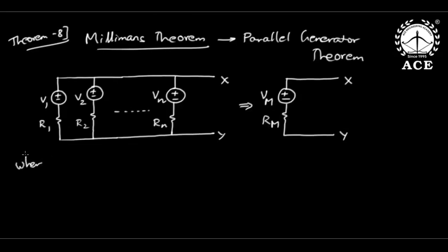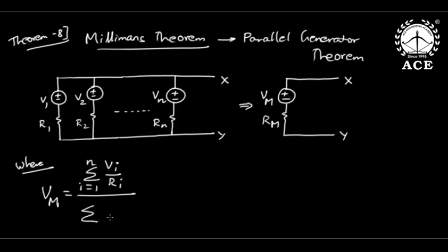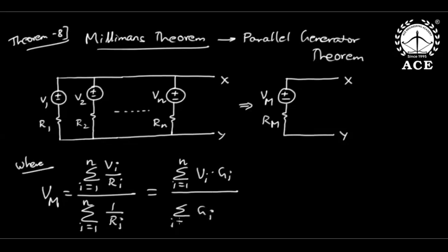Where now you have to remember these formulas. Millman's voltage is sigma Vi by Ri, i taking the value from 1 to n, by sigma 1 by Ri, again i taking the value from 1 to n. That is also sigma Vi into Gi, i from 1 to n, by sigma Gi, again i from 1 to n.